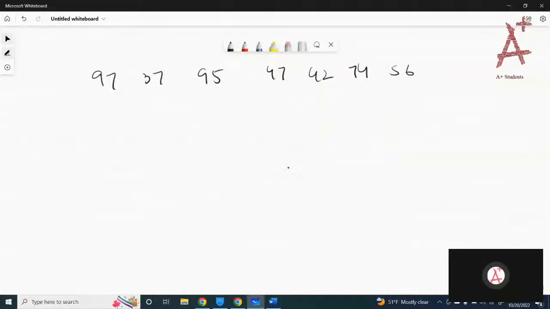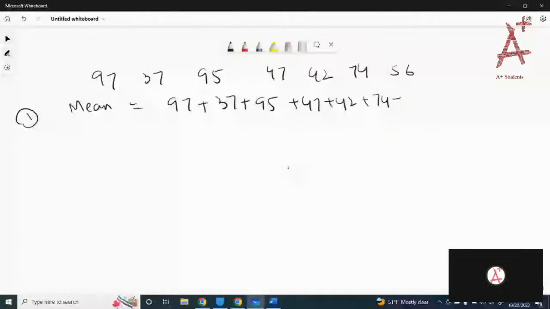Okay, you have to find the standard deviation. So the first step is you have to calculate the mean of the data. For the mean value, add up all the values and divide them by 7. 97 plus 37 plus 95 plus 47 plus 42 plus 74 plus 56.